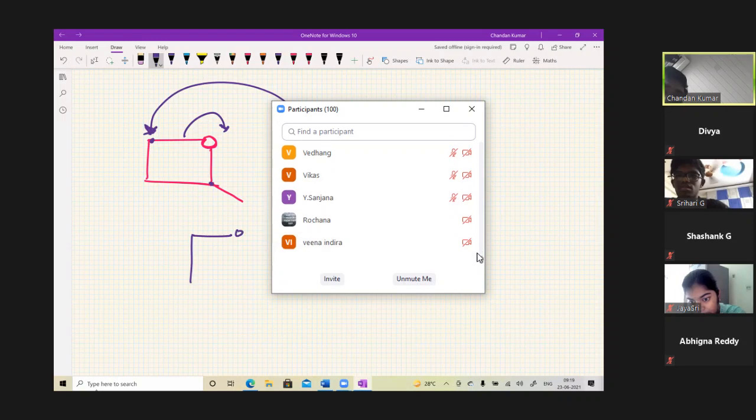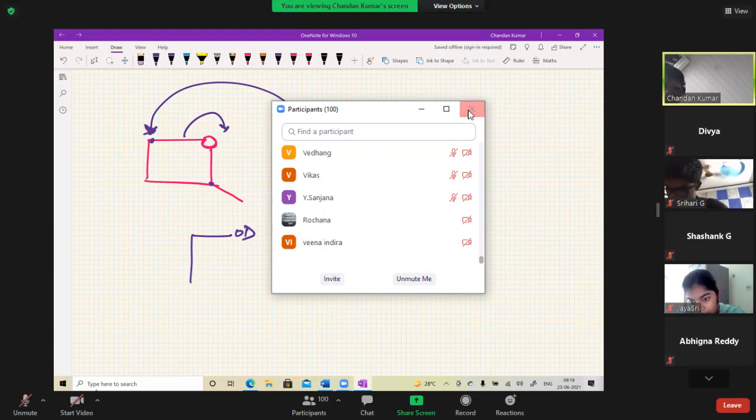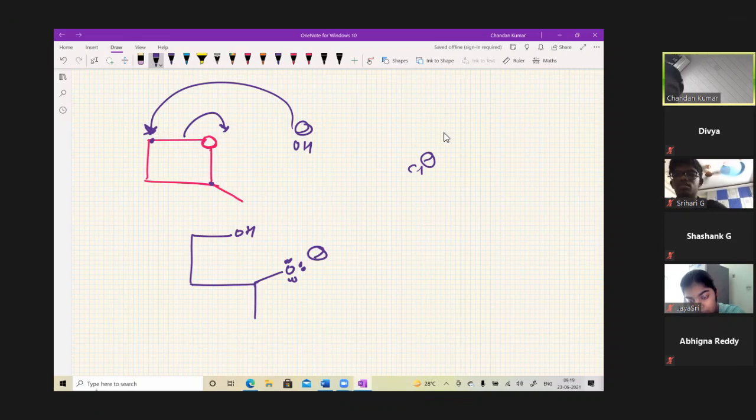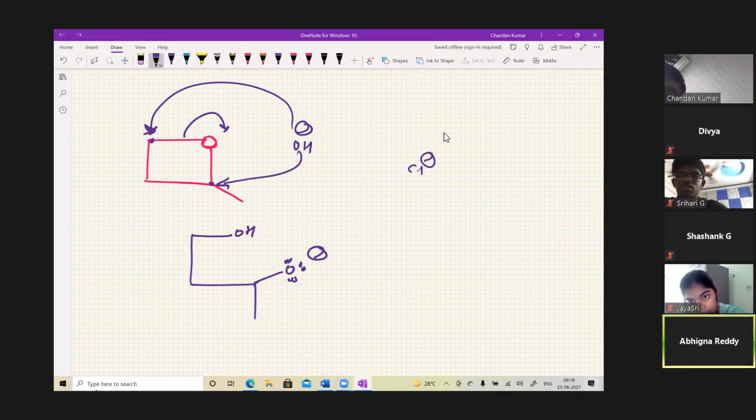The OH attacked here, and at that very moment O minus was formed. That's it. So what is the problem? Why do you want OH to attack here? Do you want it? No, sir.